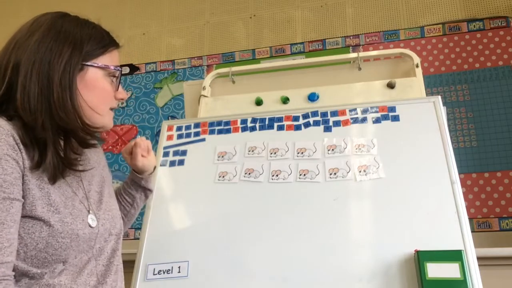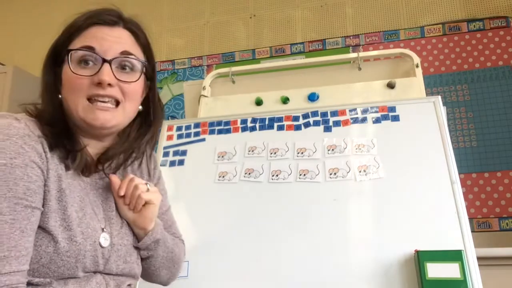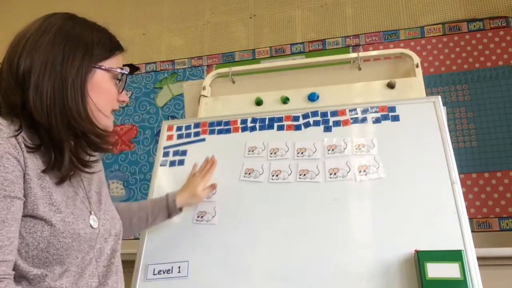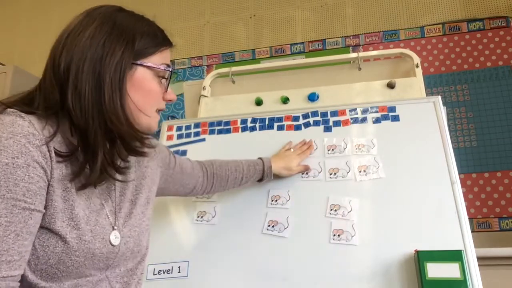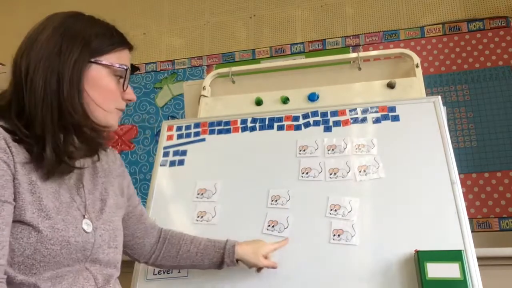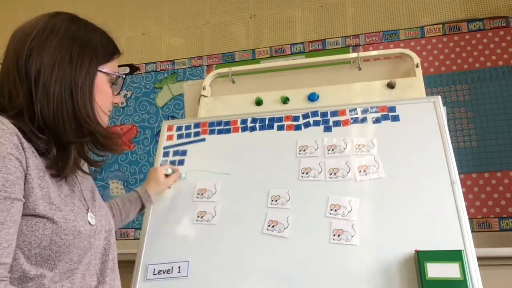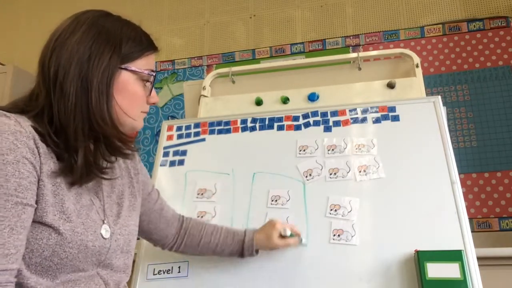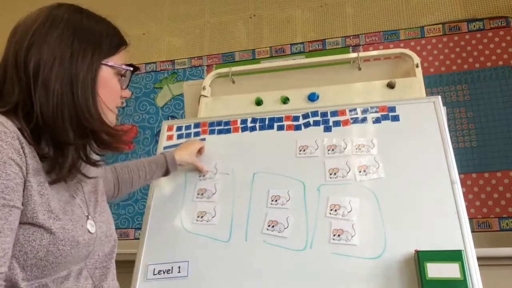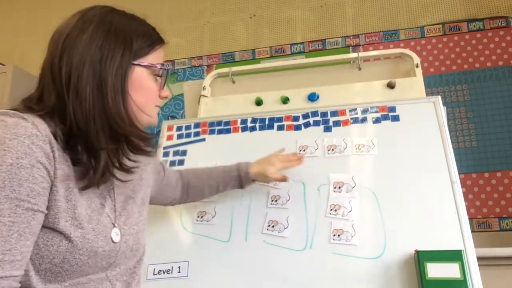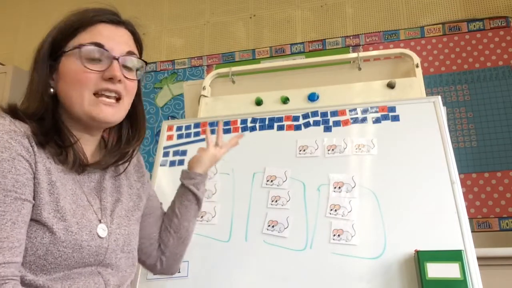Well, I could start to look at, well, how many could I give each one? Well, I could give each one 2. Okay, so the 3 people would each have 2. But I still have more. So maybe I add another 1 in each person's box. And I have 3 left over.